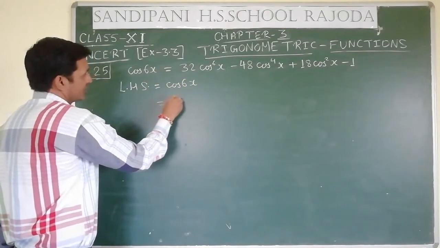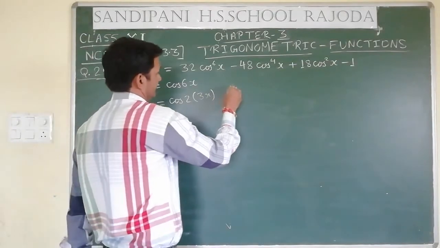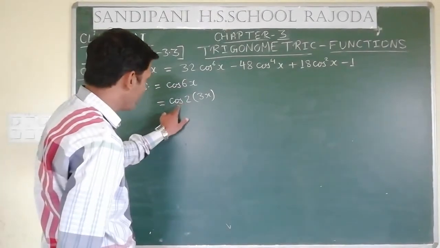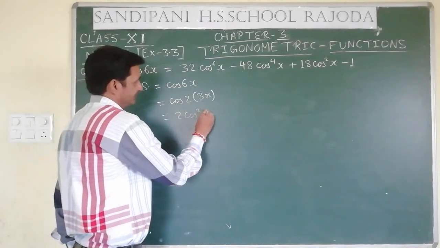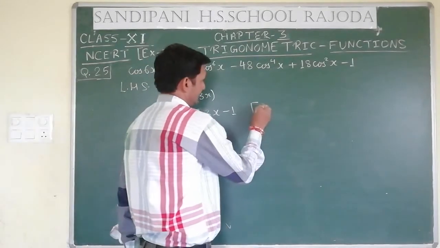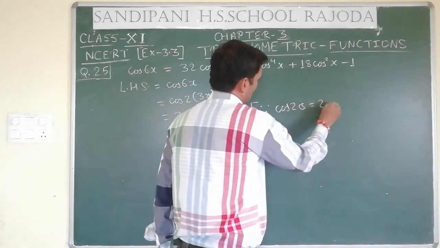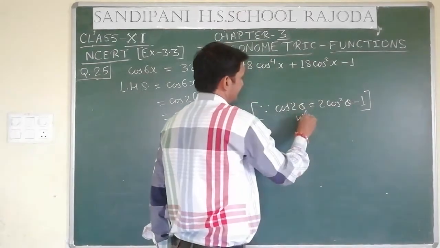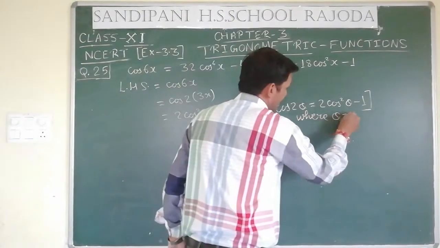We may write it cos 2 into 3x, because 2 3s are 6. Now I am applying here the cos 2 theta formula, that is 2 cos square theta minus 1, means we have to write here cos 2 theta is equal to 2 cos square theta minus 1, where here we have to mention theta is equal to 3x.